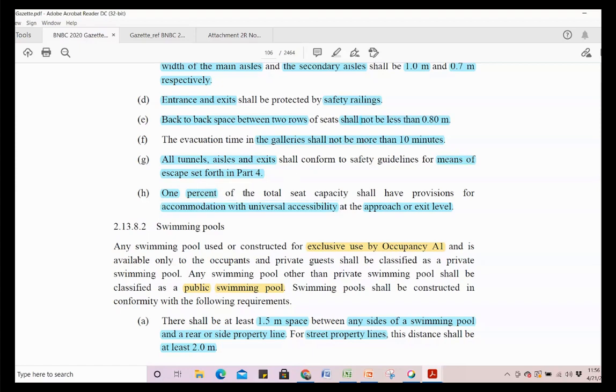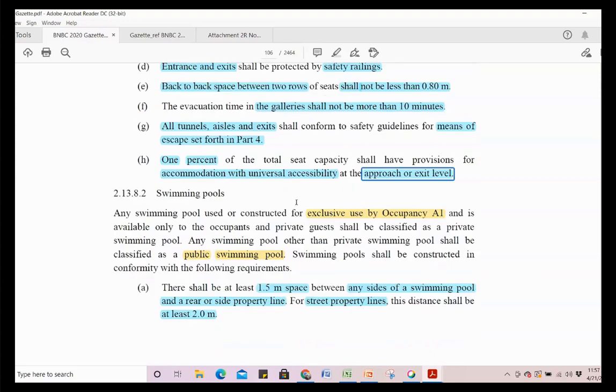So such facilities will have one in every 100 people, universally accessible seating arrangement, but it has a specific criterion that it has to be located in the approach or exit level. So from where the fire evacuation will be easiest, it will be located there. Emergency evacuation will be easiest.